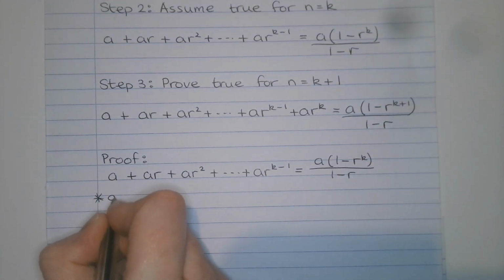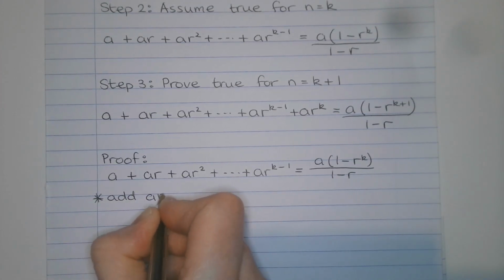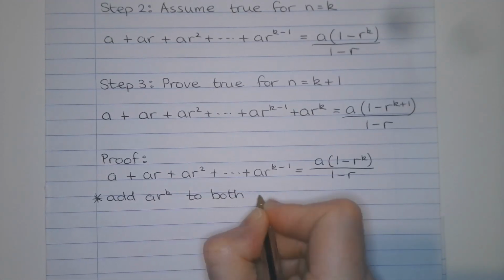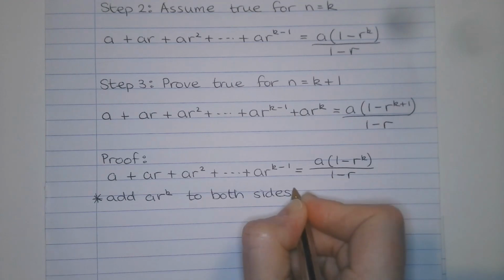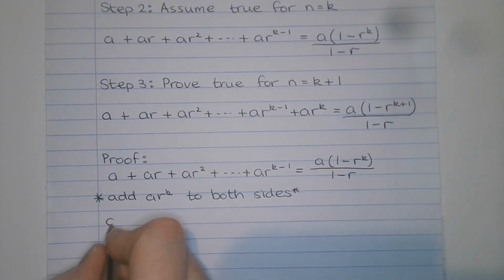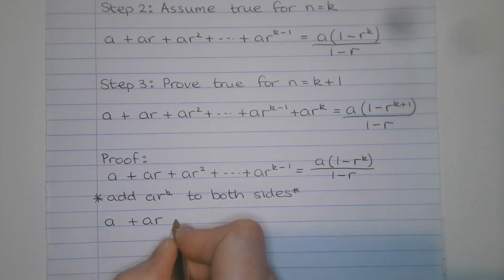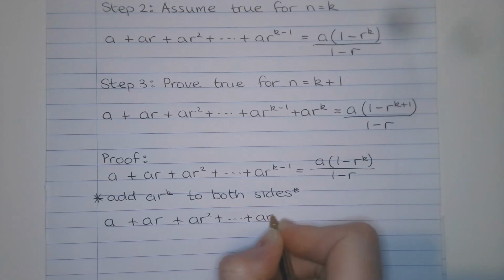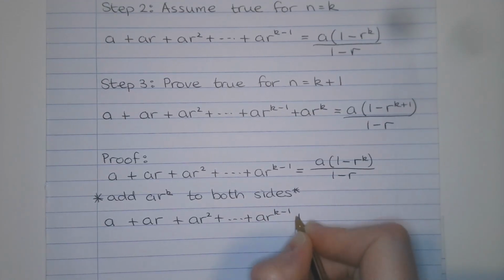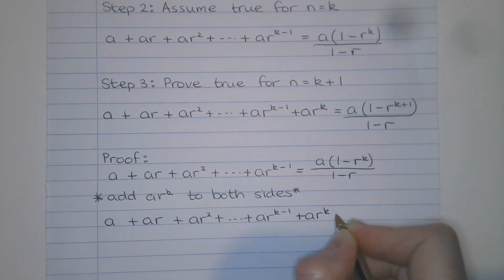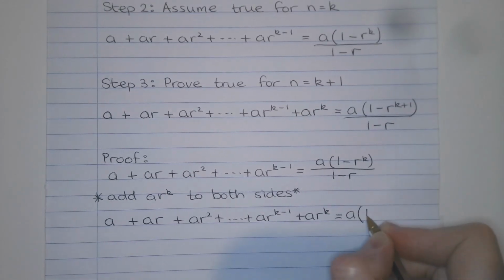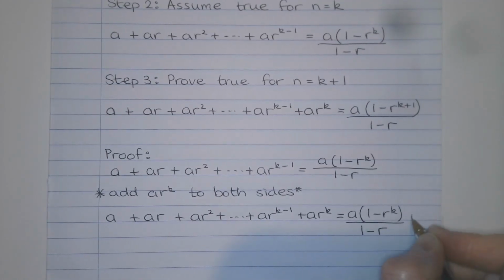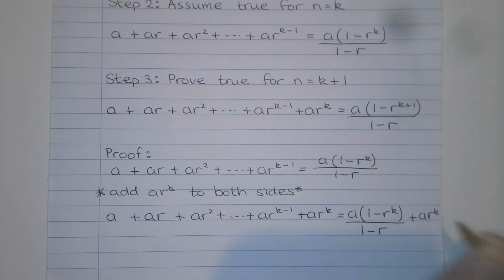What we are going to do is add ar^k to both sides of this. So if I do that, I end up with a + ar + ar^2 up to ar^(k-1) plus ar^k is equal to a(1 - r^k) all over 1 - r, and we're going to add the ar^k there as well.